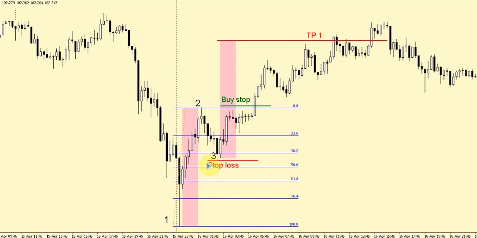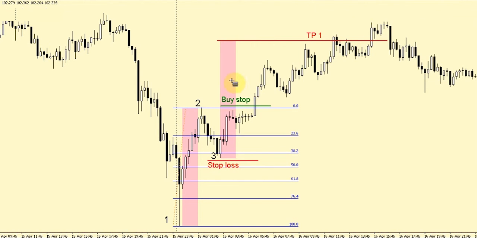This is the first minimum target, then at level 100, 161.8 and so on, in principle, as in the classical 1-2-3 model.